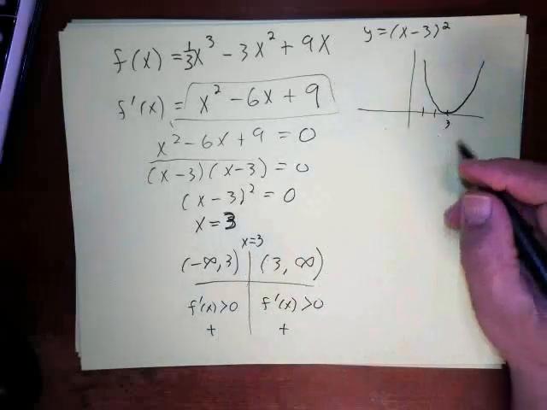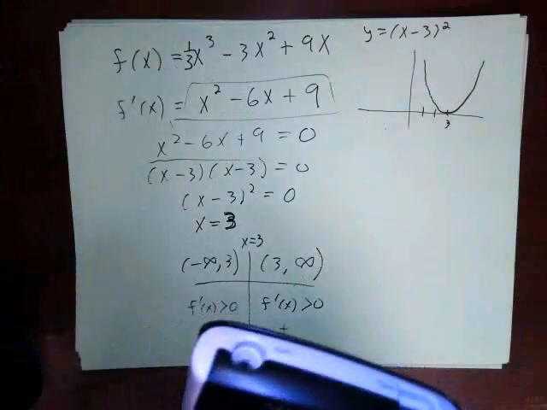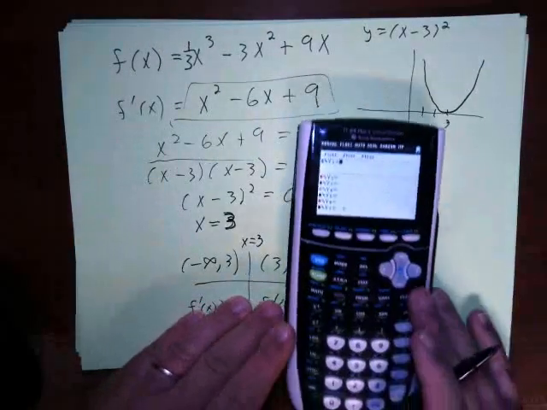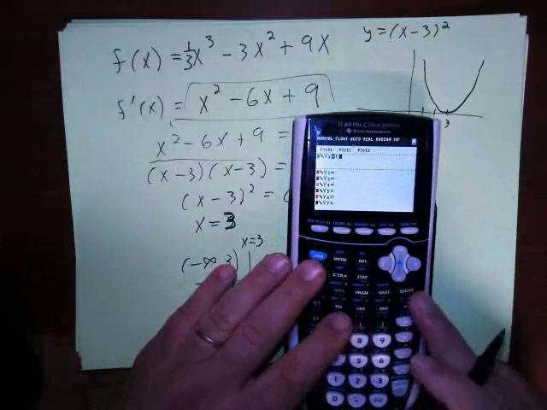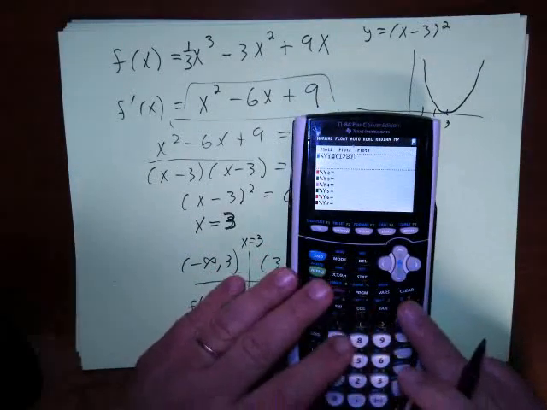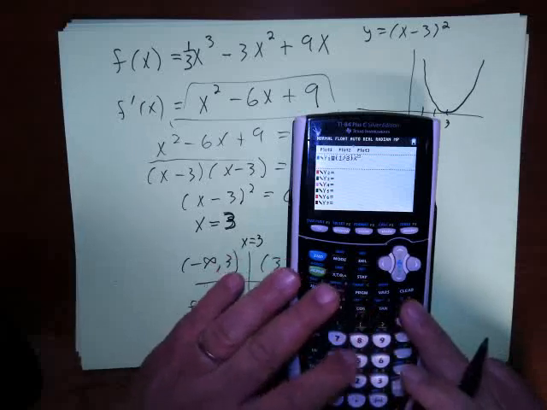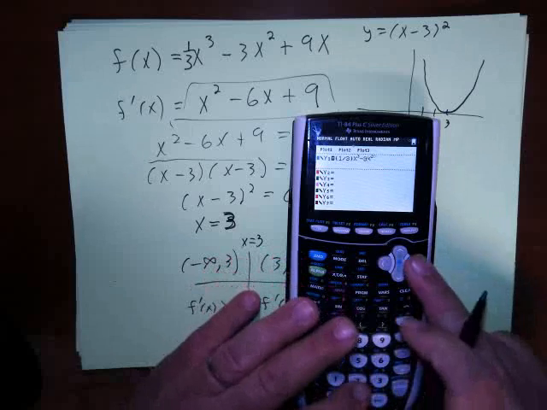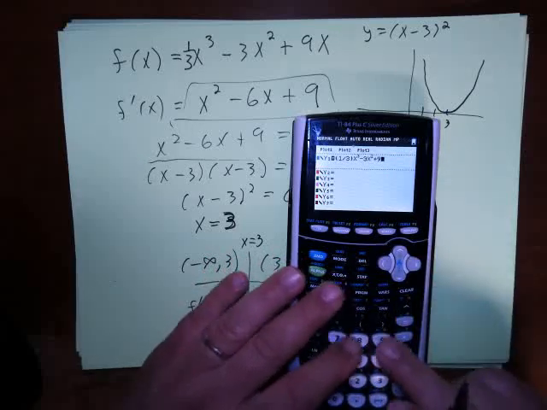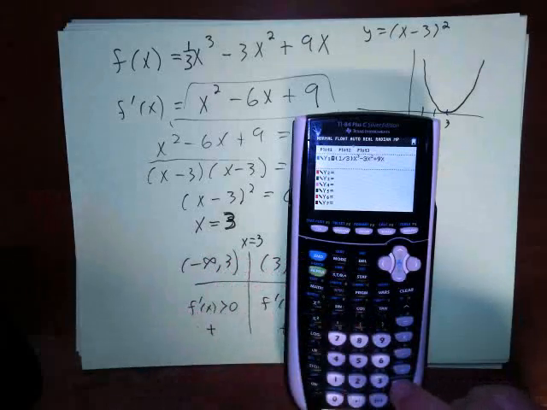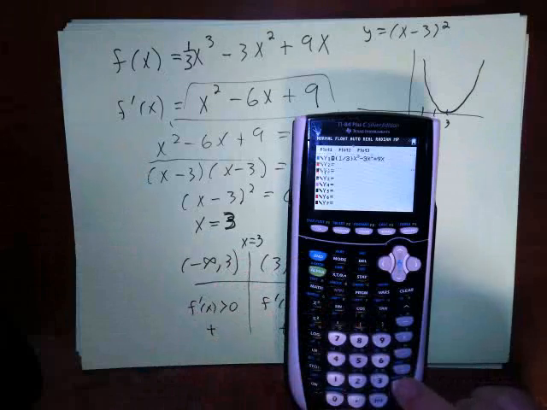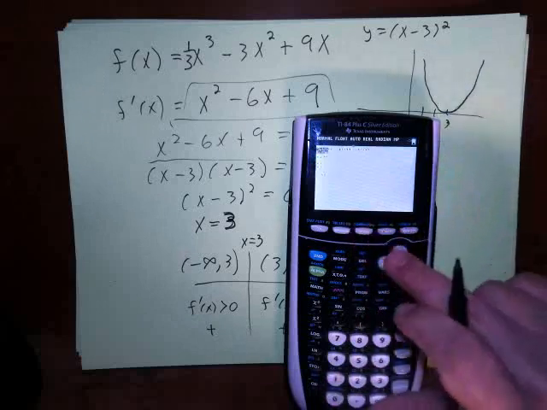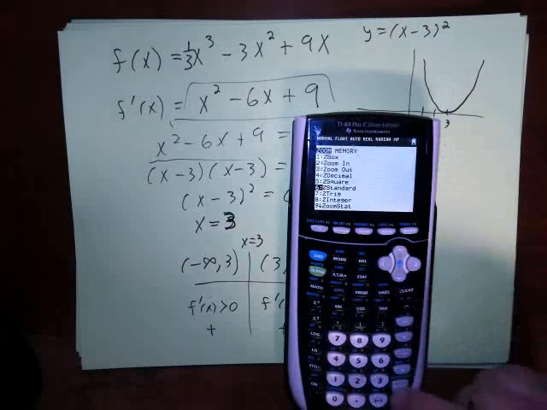Okay, let's actually graph this so we can see what it looks like. 1/3 x cubed minus 3x squared plus 9x. If I graph this, we'll do it in a standard window.